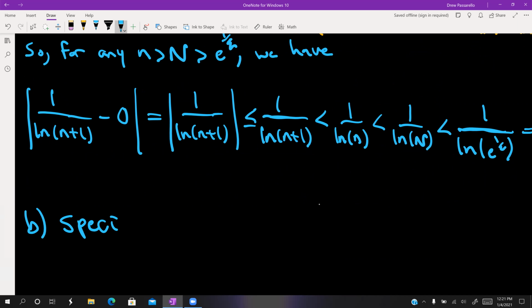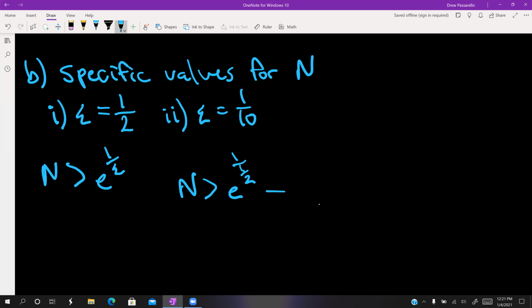Well, we know capital N is going to be bigger than e raised to the 1 over epsilon. So for part 1, you're going to need n to be greater than e raised to the 1 over 1/2, which is just e squared.